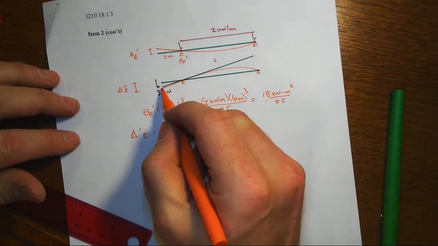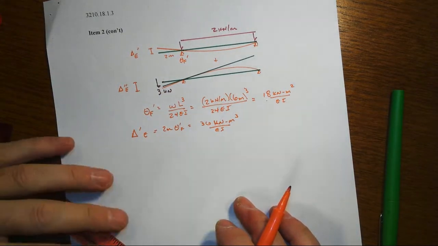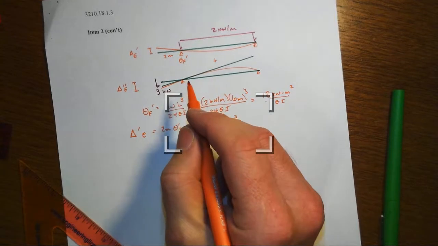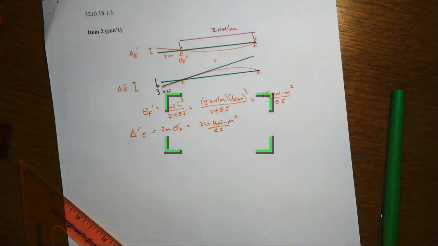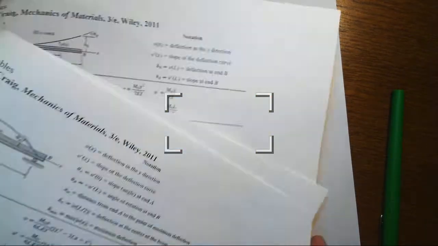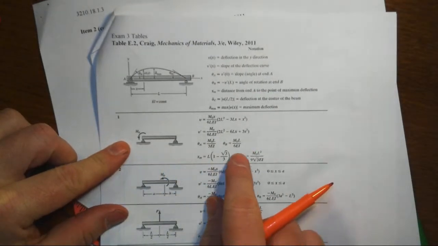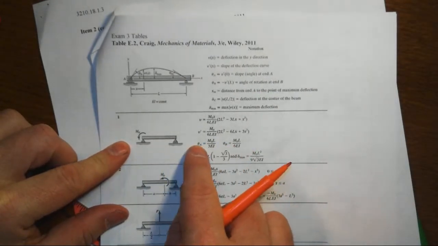Well, a little tiny portion of this is just the cantilever beam portion, right? And then the rest of this is a simply supported beam that has a moment that's applied to it. Not sure if we've got one of those. Oh, hey, we do. Look at that. We've got a simply supported beam that has a rotation.